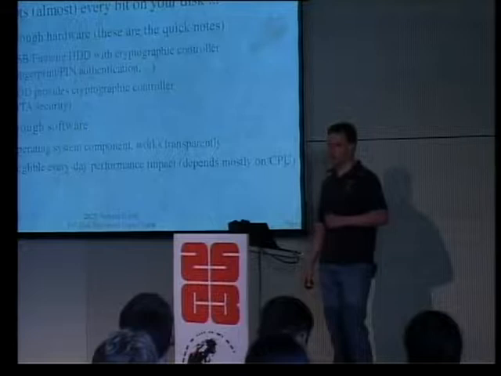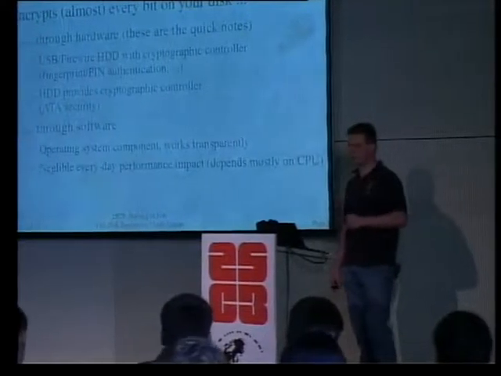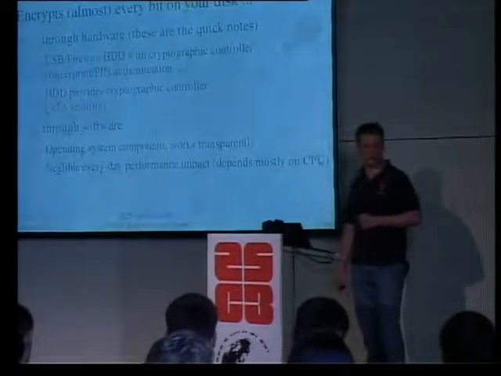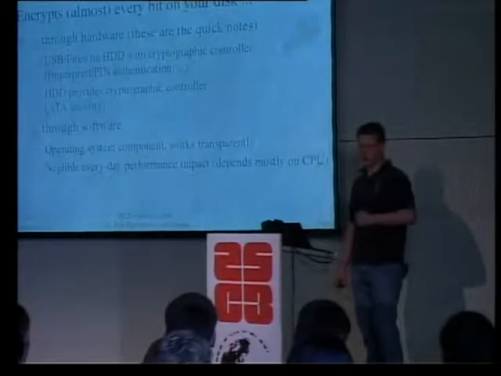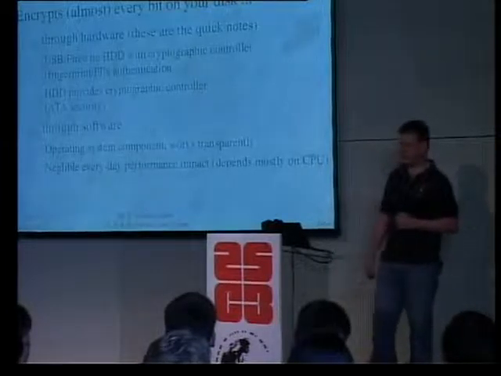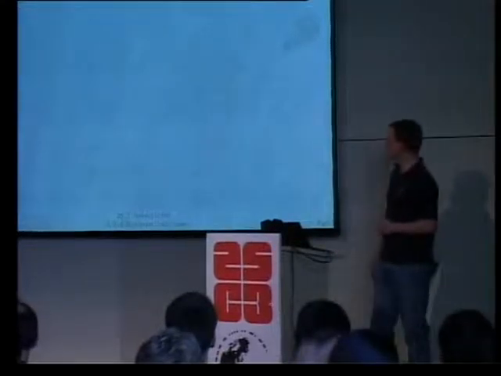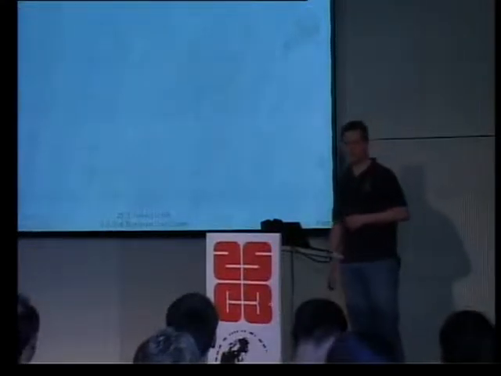And hopefully it doesn't impact your everyday performance too much, because CPUs are pretty fast nowadays, and even on somewhat older systems, you don't really get impacted that much performance-wise. So, architecture, pre-boot authentication.